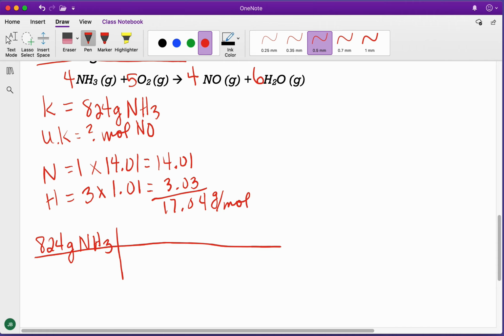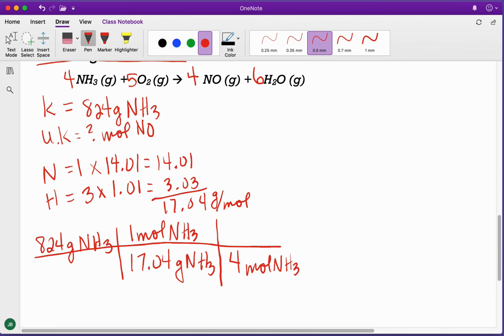So we're going to go ahead and put our 17.04 grams of ammonia at the bottom. And 17.04 grams of ammonia is in 1 mole of ammonia. Now we can do our mole ratio from the reaction, and we see that we have 4 moles of ammonia, and we also have 4 moles of nitrogen monoxide. Now remember, this is a lot like a fraction.